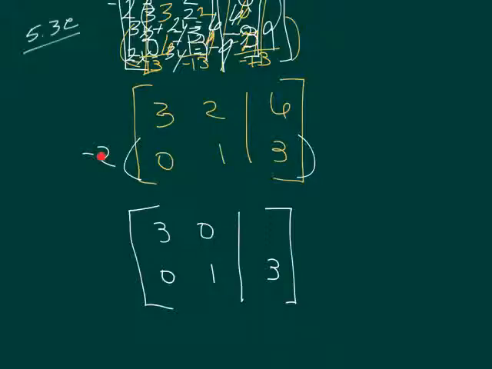Then I'm going to take negative 2 times 3 is negative 6 plus 6. Oh, that also gives me a 0, so I'll put that there. Okay, so I'm slowly but surely making these changes. Now the only other change I have is that has to be a 1. Well, it's really easy to change a number to a 1 because I just divide all of it by itself. And then that gives me 1, 0, 0, line, 0, 1, 3.